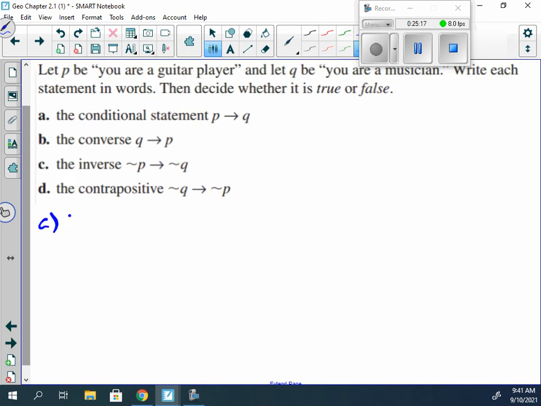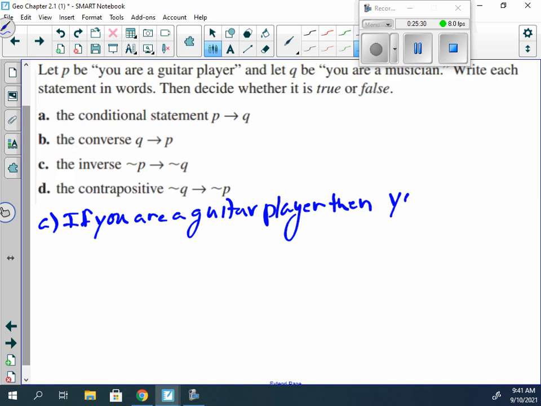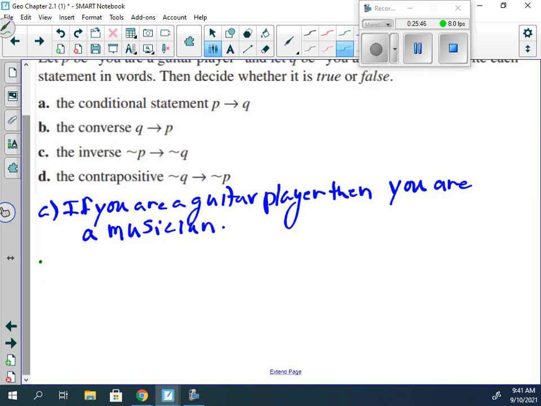So for A, if you are a guitar player, then you are a musician. We'll do true and false in a little bit. Let's just write the main statements down.